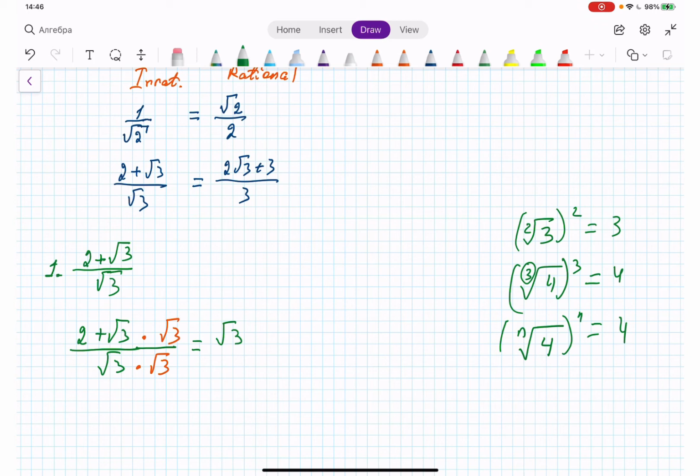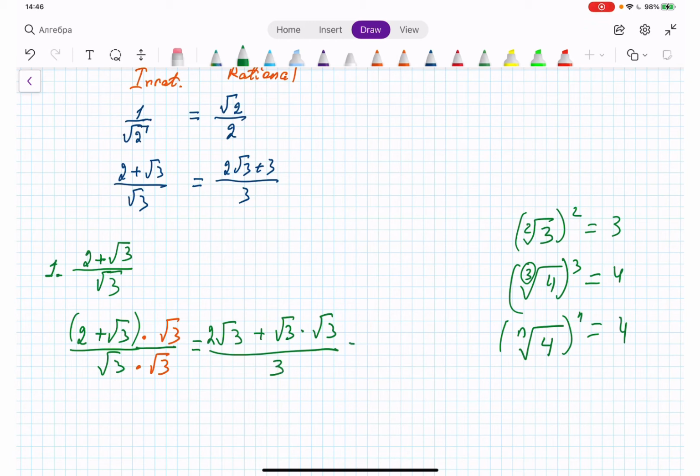I'm going to just do multiplication. Well, I guess I have to put parentheses here because I'm multiplying. So it's going to be 2 square root 3 and then plus square root 3 times square root 3. In the denominator, I already have square root 3 times square root 3, which means 3 will come out.